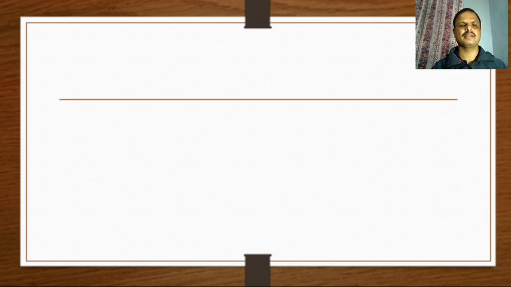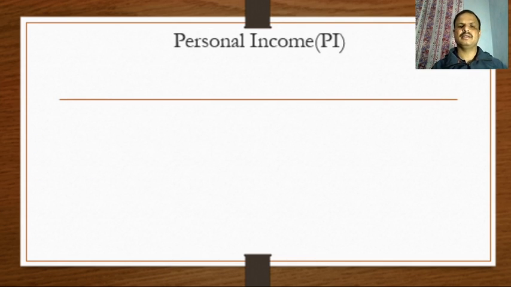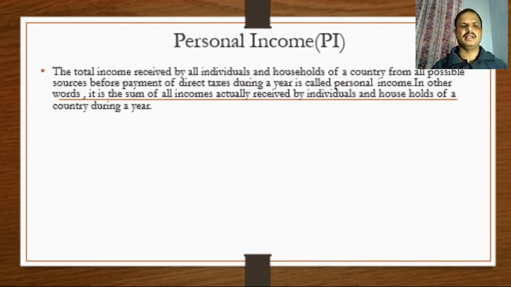In the same way, we talk about personal income, which is the total income received by all individuals and households of a country from all possible sources before payment of direct taxes during a year. In other words, it is the sum of all incomes actually received by all individuals and households of a country during a year.